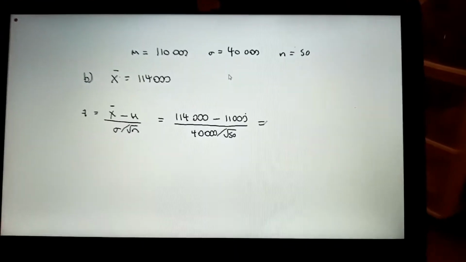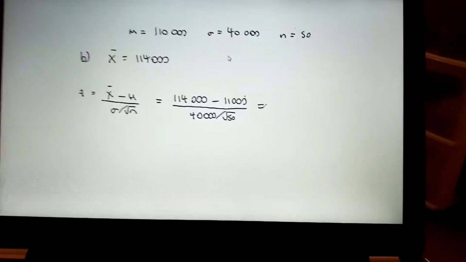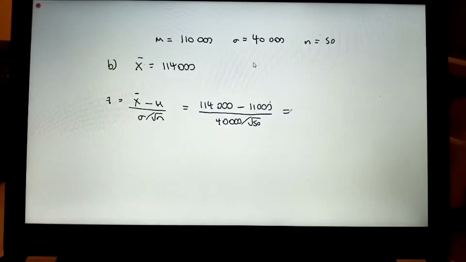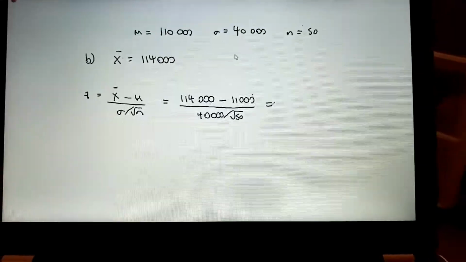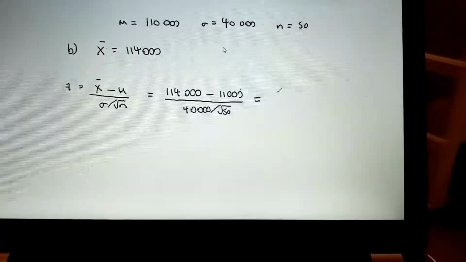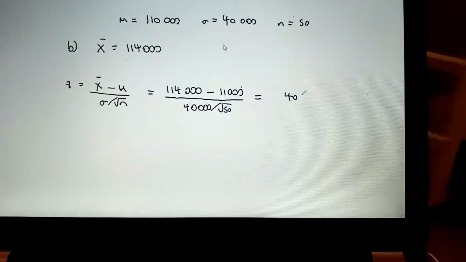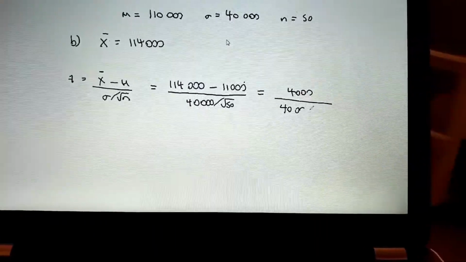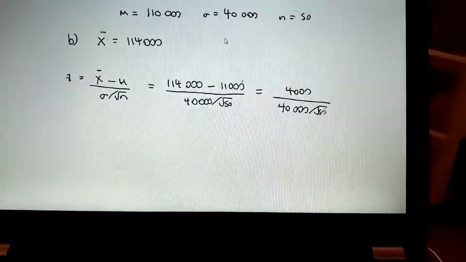And then you just put this in your calculator. What I would do is the top part first: 114,000 minus 110,000 is 4,000. And then divide that by 40,000 over the square root of 50.